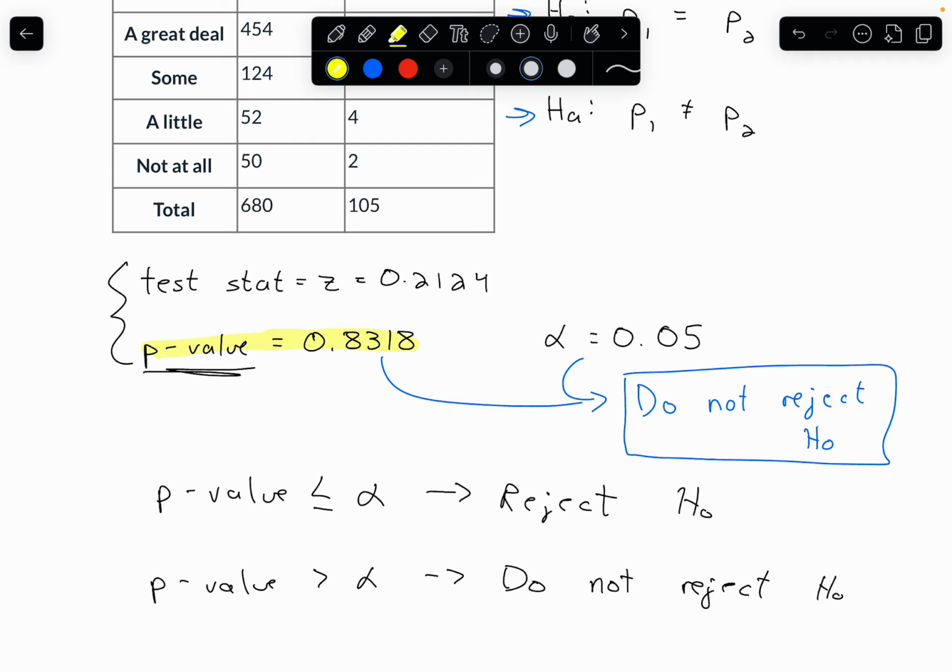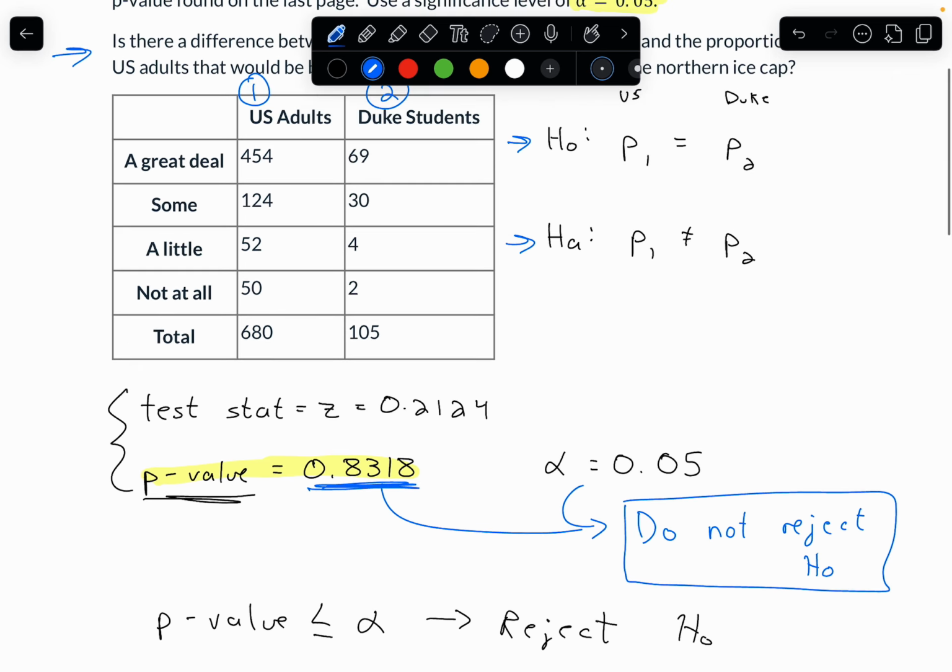Just to talk about that again, because I think it is a good thing to come back and revisit. Remember that the p-value has a very specific interpretation. The p-value represents the probability that we end up with a sample like ours if the null hypothesis is true.